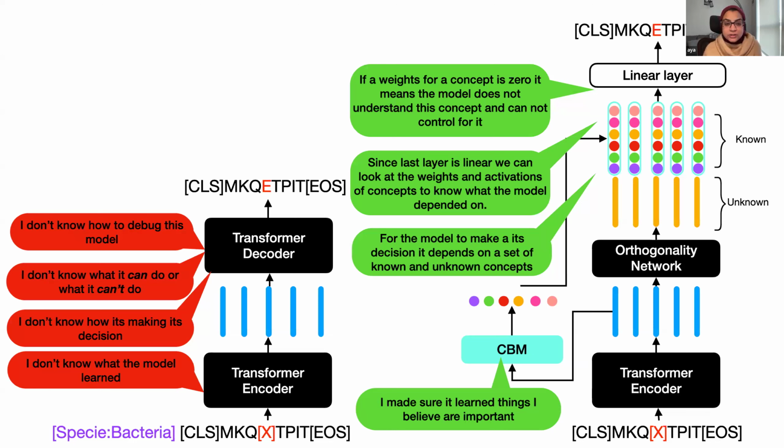Then we concatenate the output of the concept bottleneck, which is the known part, on top of that. So now the embedding is the known and the unknown part, which has the same exact embeddings as the blue one before, but it's disentangled, so that we localize the information of the different concepts in different areas of the embedding.